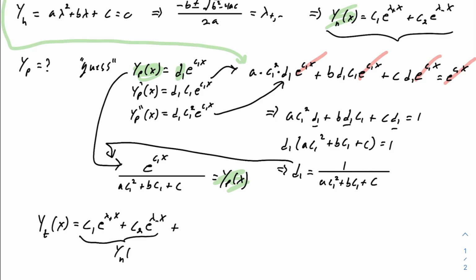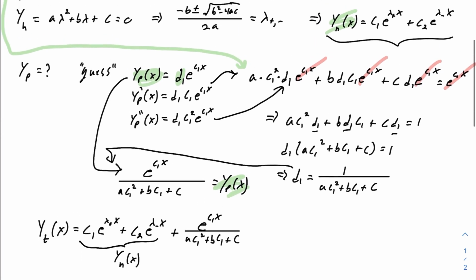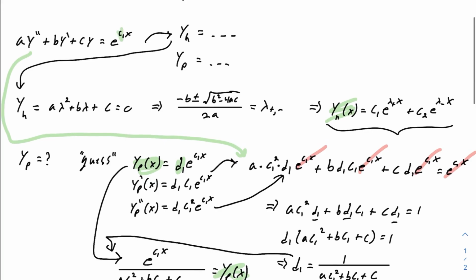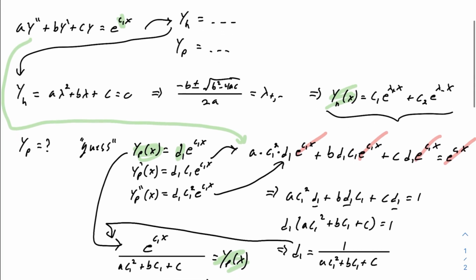So this is my y homogeneous of x plus e c1 x all over a c1 squared plus b c1 plus c. And then I actually did a little bit bad notation because this c1 actually isn't the same as this c1, because this is an arbitrary constant right here, and this one is actually given in the problem right there.